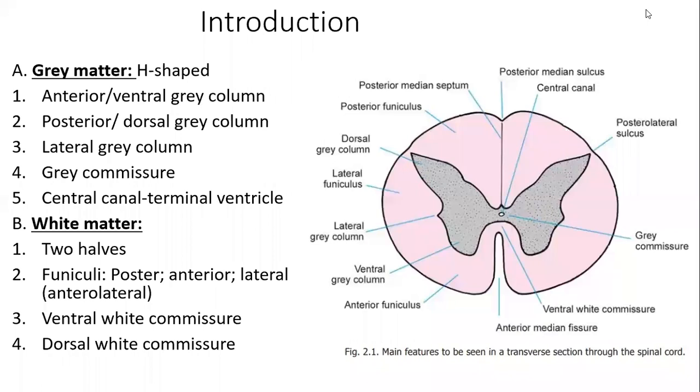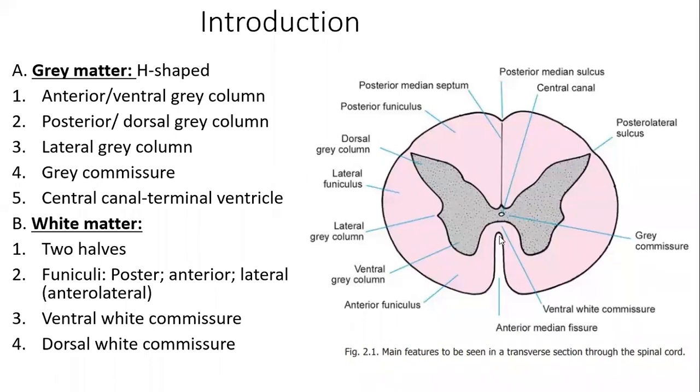So I hope these different terminologies associated with the gray matter and white matter of the spinal cord are clear to you. What about the white commissure? We had a gray commissure in the center, joining the right and left halves of the gray matter. Is there a white commissure present too?